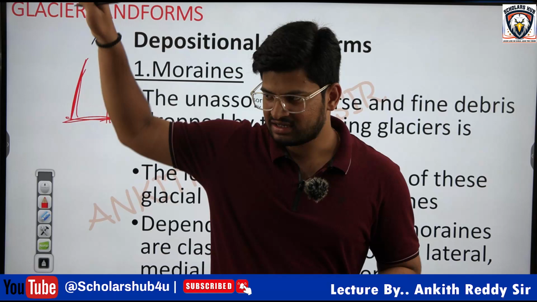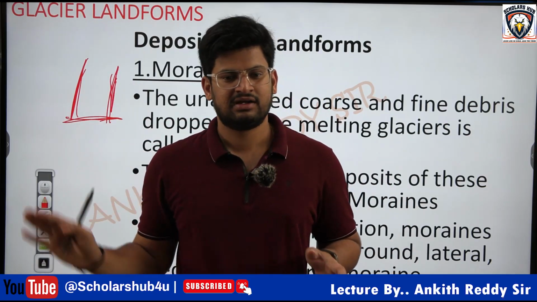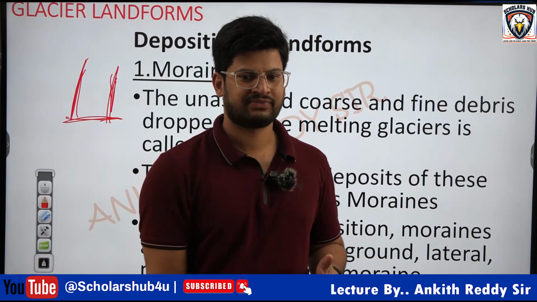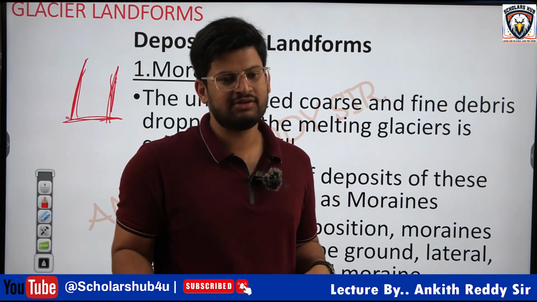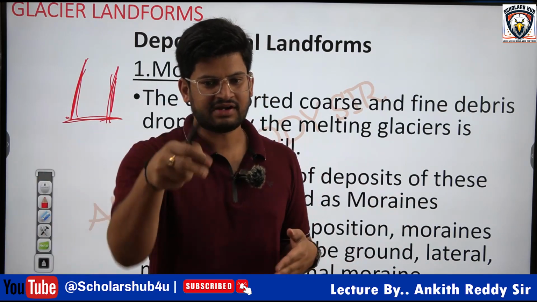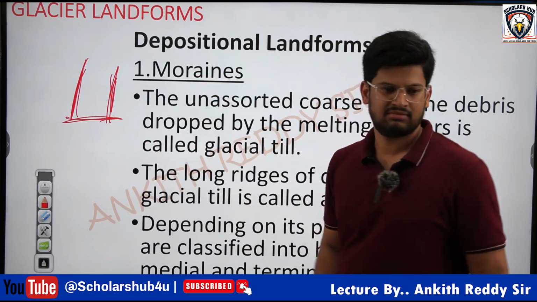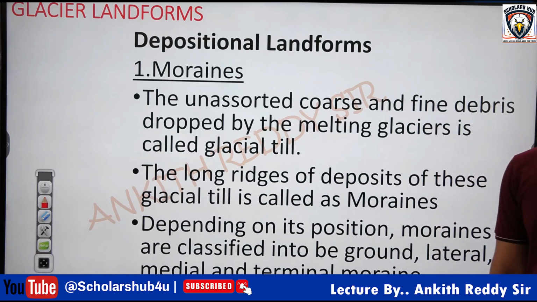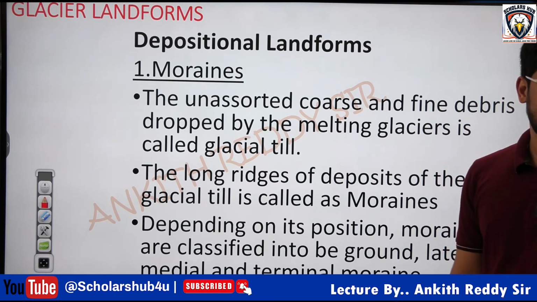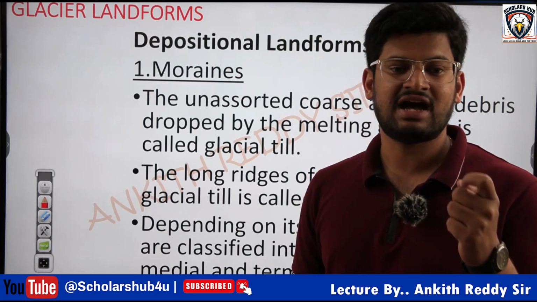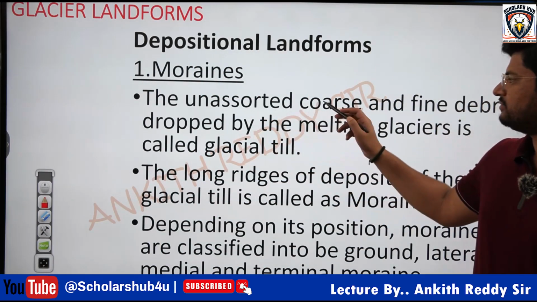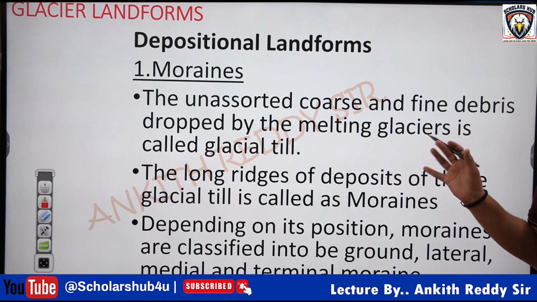When the glaciers move downstream, they carry sediments with them. They deposit them on the sides and front, sometimes in between also. Sides, front and in between, and they are called moraines. So what are moraines? Moraines are sediments. Glacial sediments are called till, T-I-L-L.